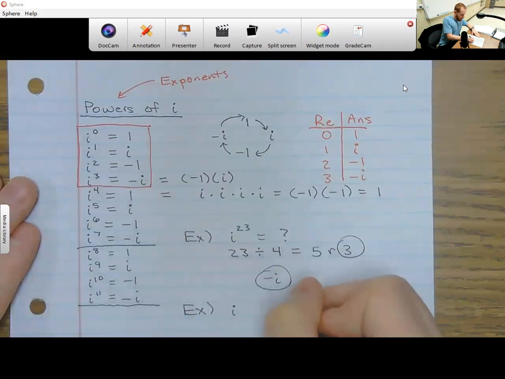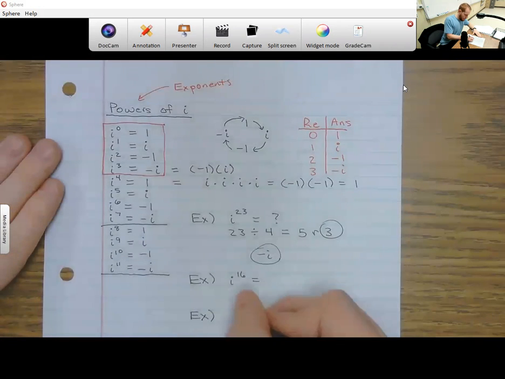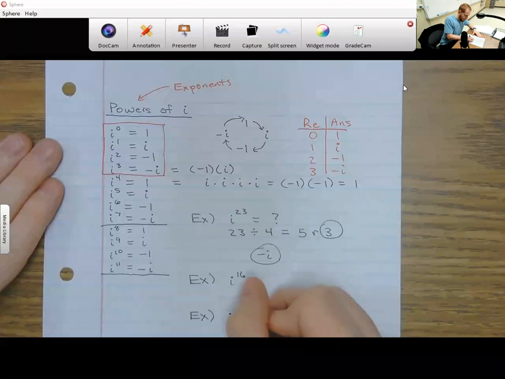What is i to the, I don't know, 16th power? And what is i to the 18th power?